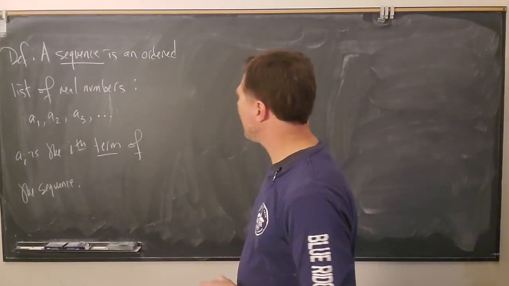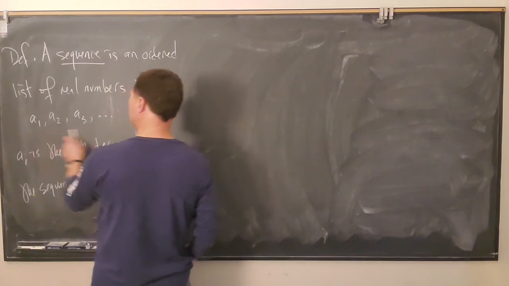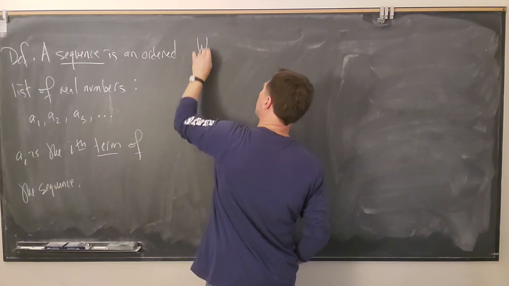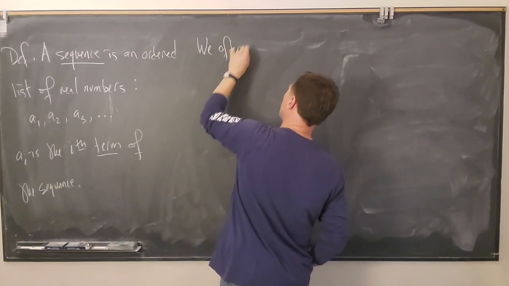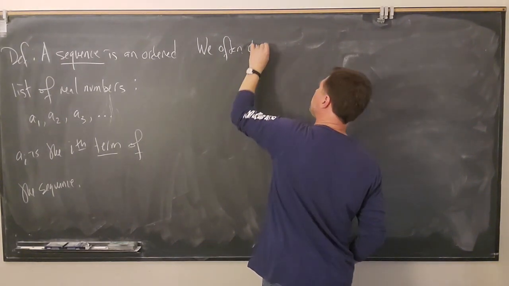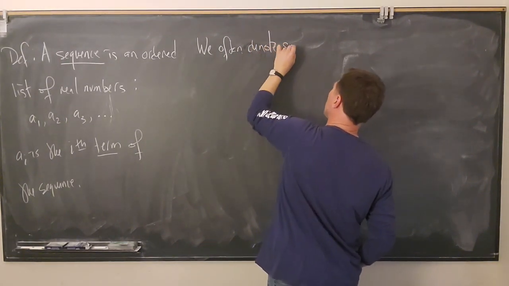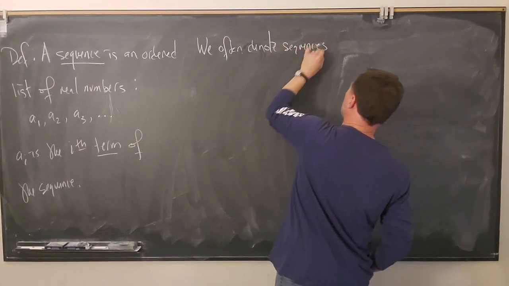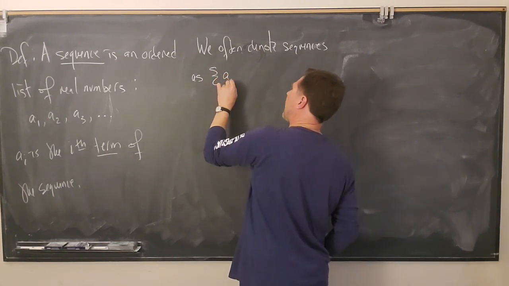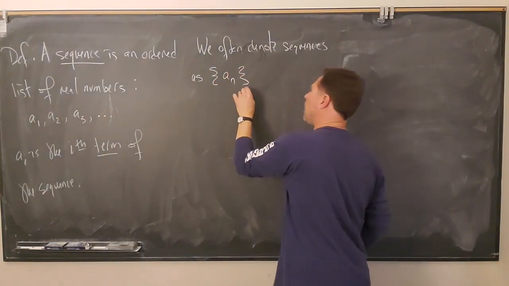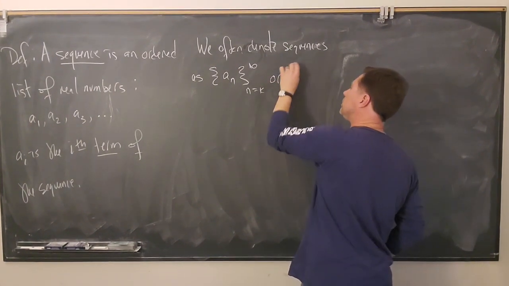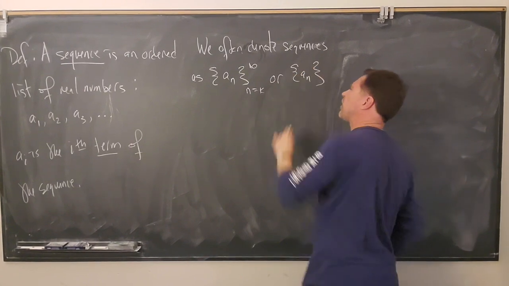Now, sometimes I'll write the sequence out as a list like this. Sometimes I will indicate it slightly differently. So we often indicate or denote sequences with little curly brackets, and then I would put an A sub n, where n equals k to infinity, or sometimes just curly brackets around A sub n.